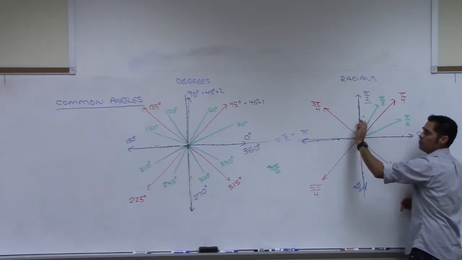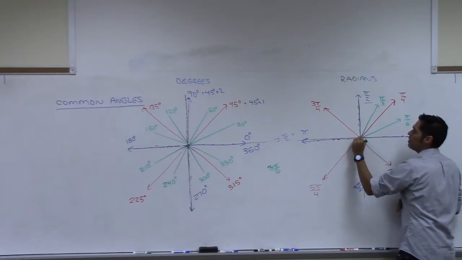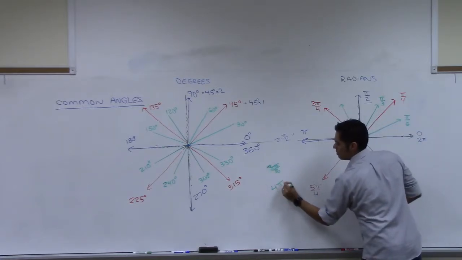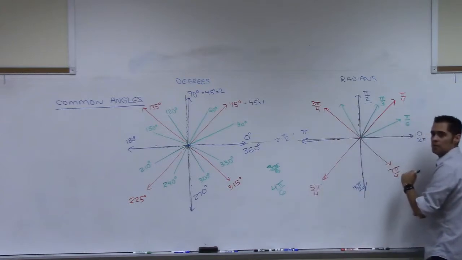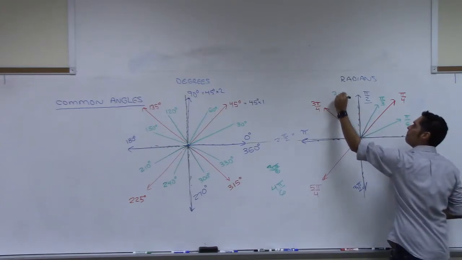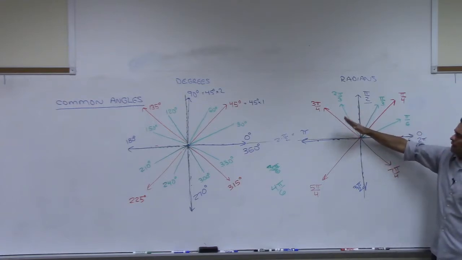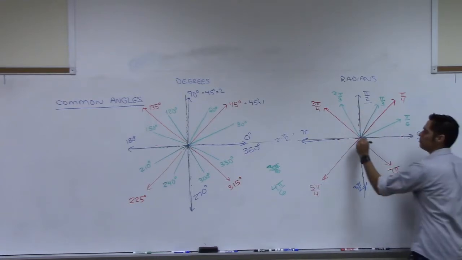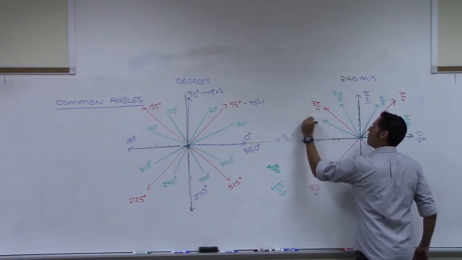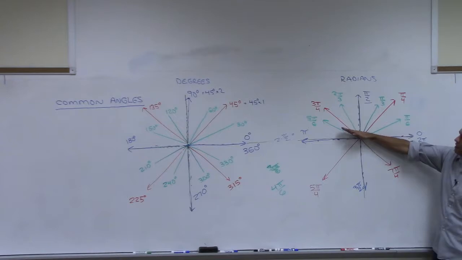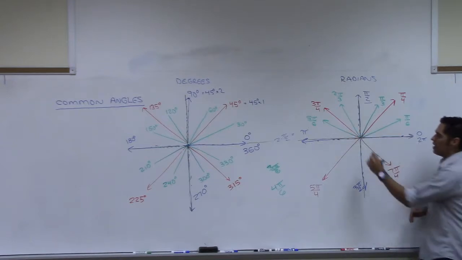Now I'm going to move to the fourth one. So this one's going to be 4 pi over 6, which reduces to be 2 pi over 3. The next one will be 5 pi over 6, should put me here. The next one should be 6 pi over 6, which should put me back here on the x-axis.